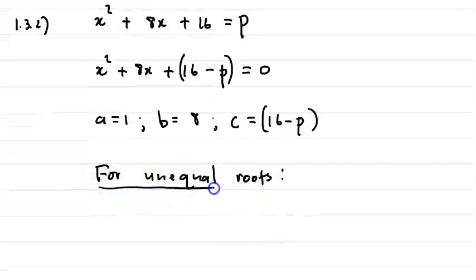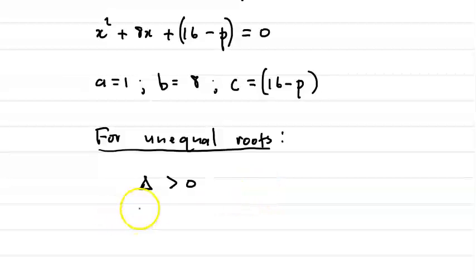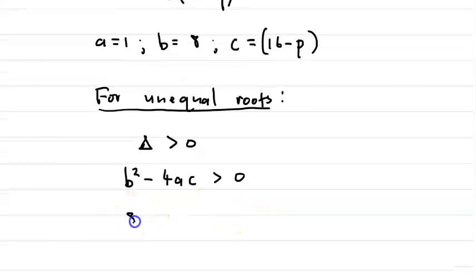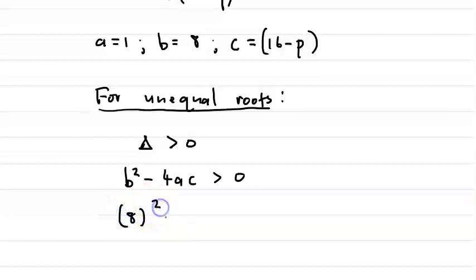So for unequal roots, delta, my discriminant, must be greater than 0. Therefore, b squared minus 4ac must be greater than 0. So that will be 8 squared minus 4 times 1 times c, which is 16 minus p, must be greater than 0.